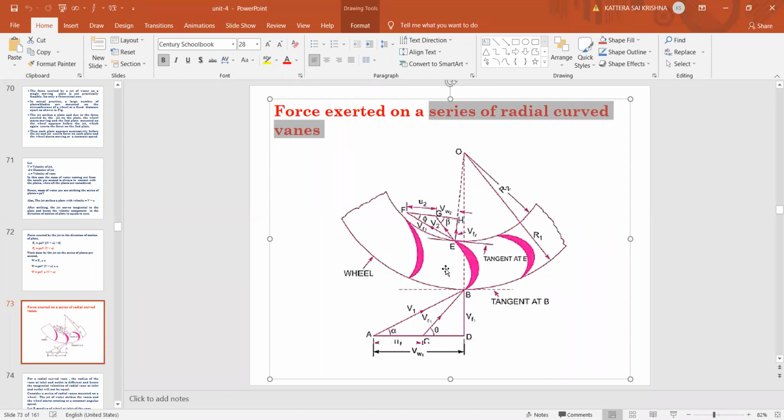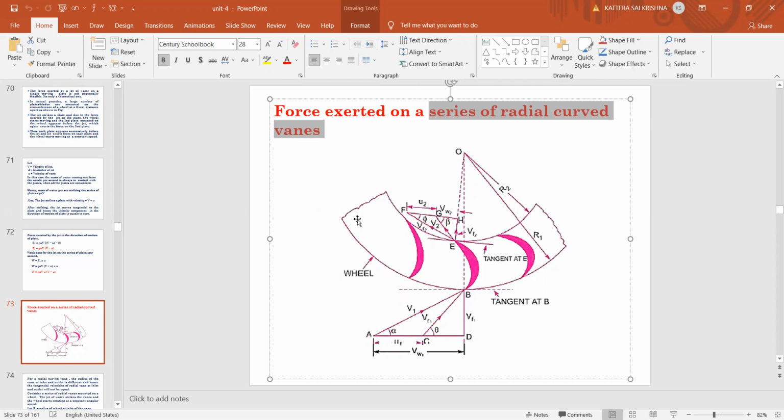The only thing different here is that there will be two radii for the drum. Suppose this is a full circle, with a shaft inside, and this will be the position of the blades. We'll have two radii, one at the inlet and one at the outlet. So the velocity of the blade at inlet and outlet will differ because of this radius. We need to consider the angular velocity, because the blades move in the angular direction.